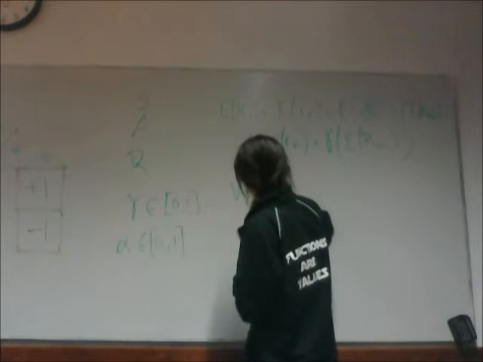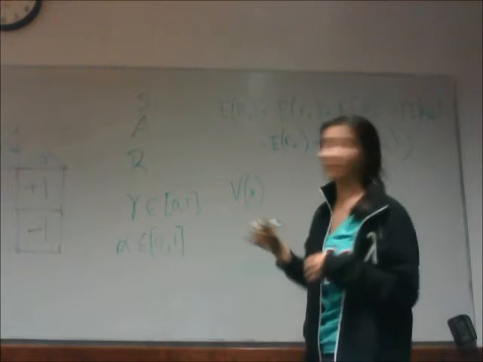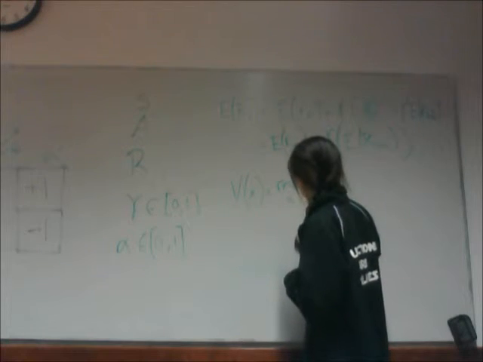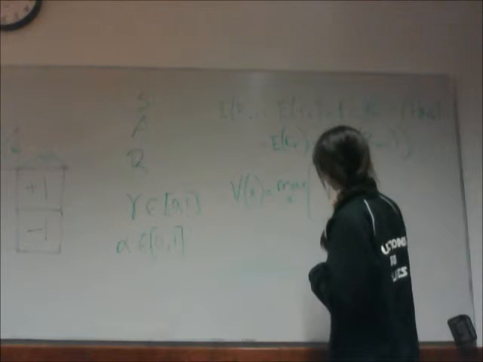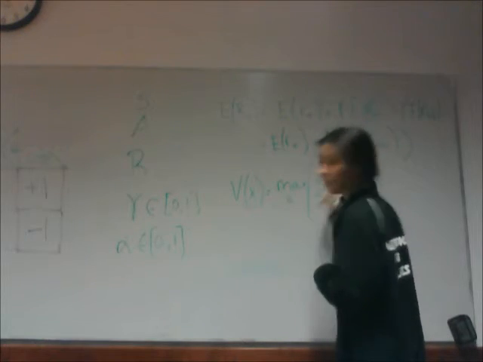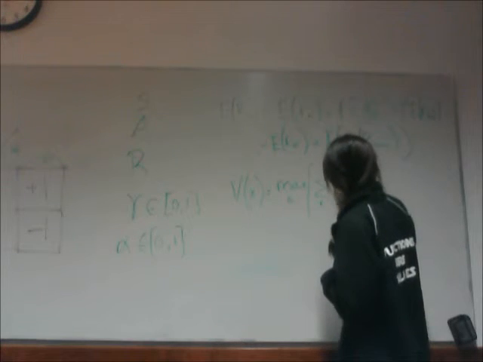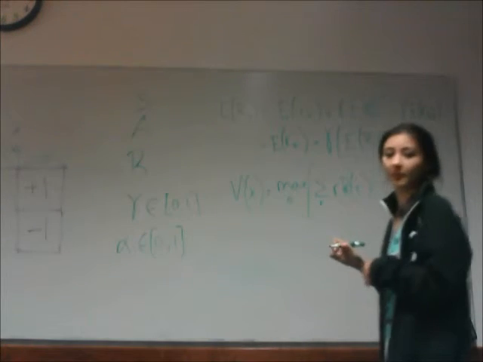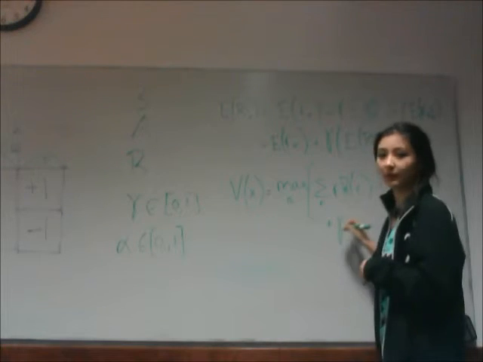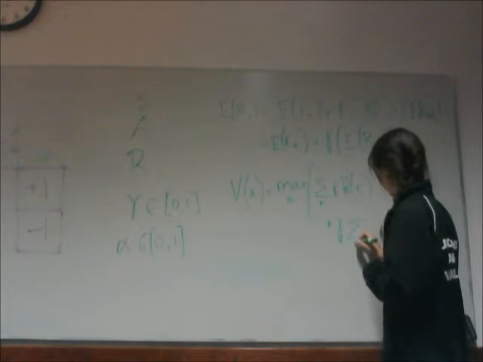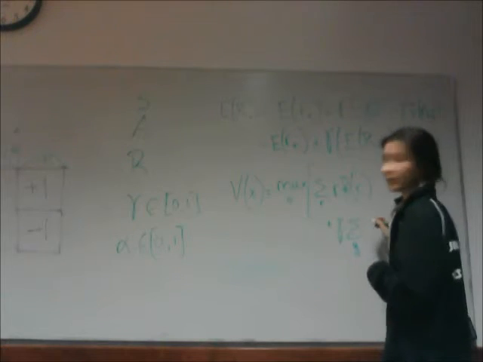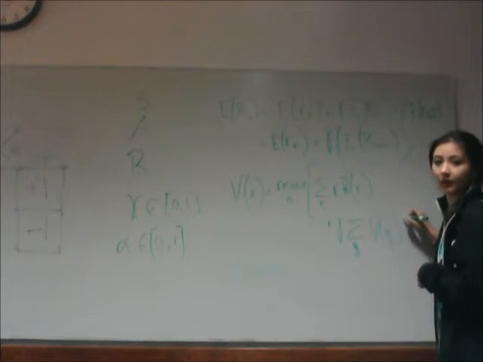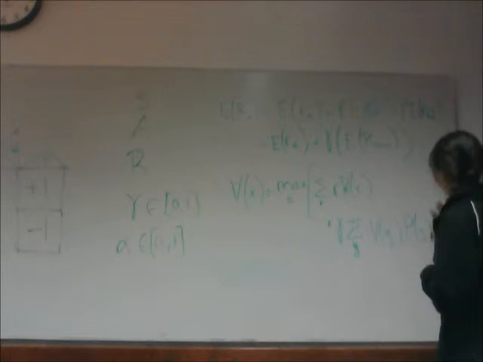So the value of state x under the optimal policy is going to be the max across all of the actions that we can take of the sum over the rewards we might get currently, in terms of the probability of that reward, plus the discount of the sum for all other states that we could get to, the value at that state times the probability that we get to that state.